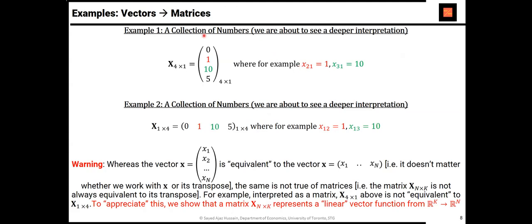Now, you used to do vectors, well, lecture A, and now we're in matrices. Now we have to worry about slight subtleties. When I was doing a vector, this could have been a 4 by 1 vector. This could have been a 1 by 4 vector.